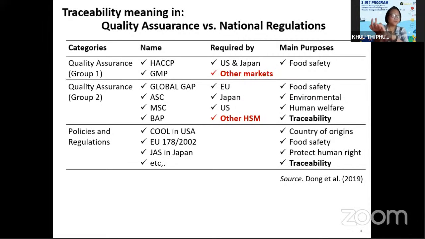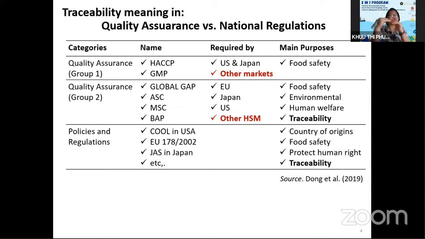But please remember that with a quality assurance application, after your product is certified, the label or certification will be printed on your product. Your product will receive the label printed on the packet, and consumers or anyone can identify that your product has been certified.